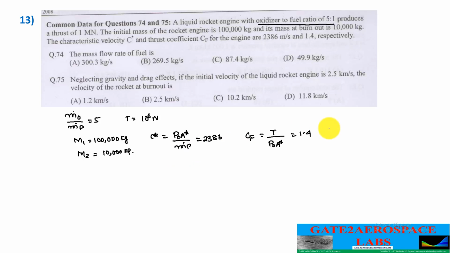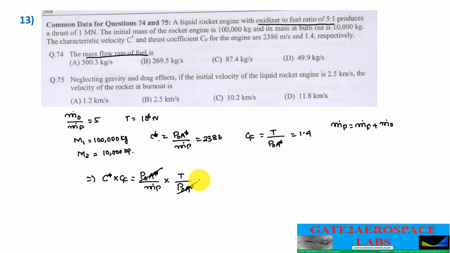Now if you see, the propellant means the combination of fuel plus oxidizer. In this question, the mass flow rate of fuel is asked. How to determine this? We'll see. If you multiply these two terms, you will get C star into CF equals P naught A star divided by mass flow rate of propellant, into thrust divided by P naught into A star.